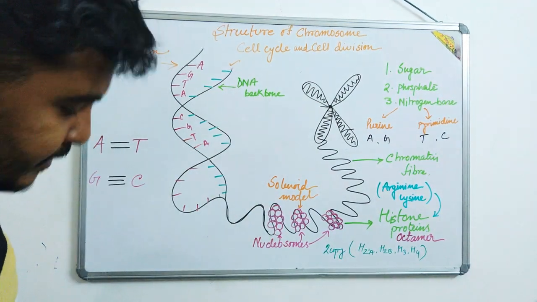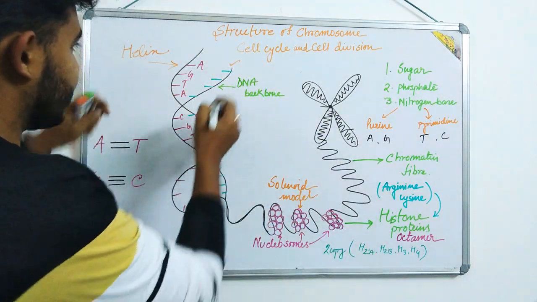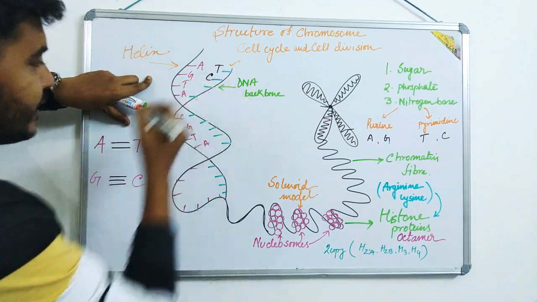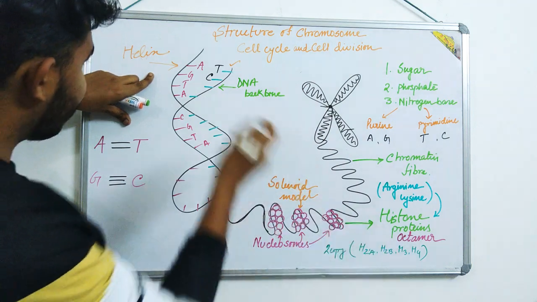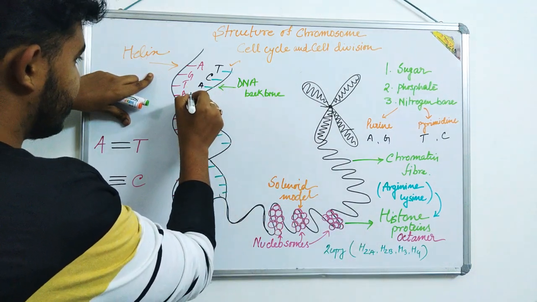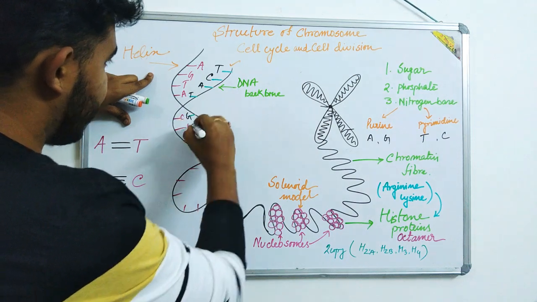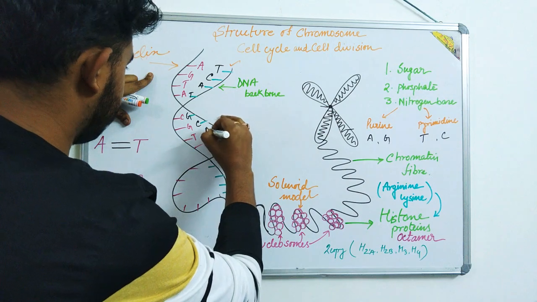Okay. So you can just simply say, look, always with A, what will bind? T, isn't it? Thymine. Now with G, on the opposite side there will be C. As there is T, so there will be A. Again C, there will be G. Again G, there will be C.